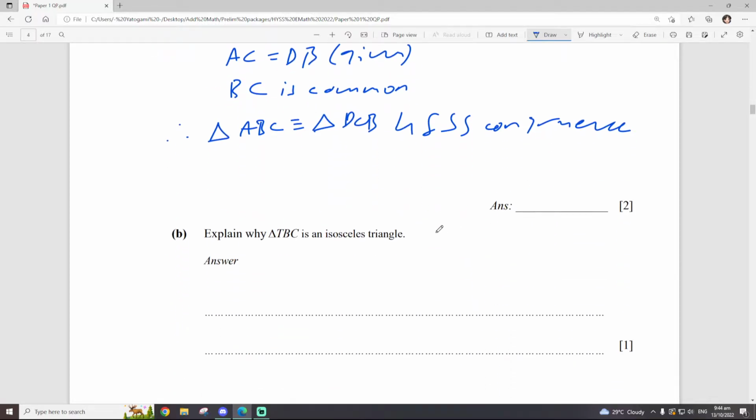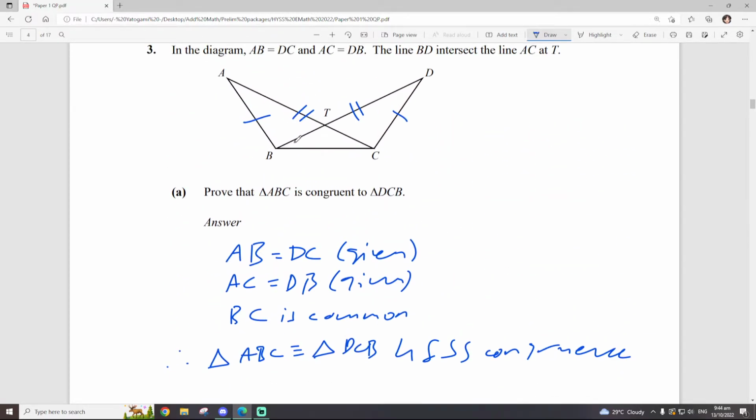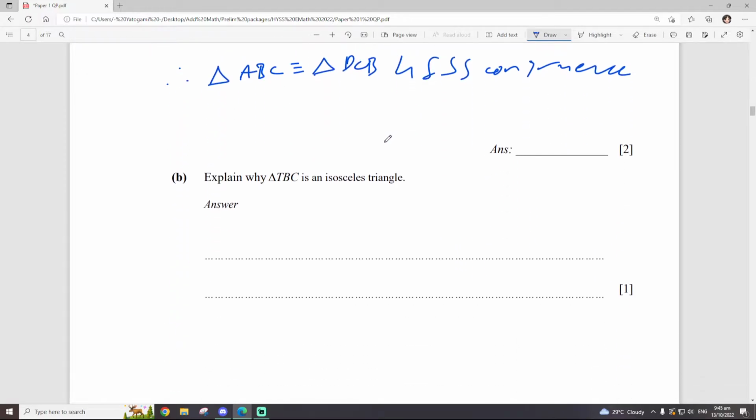Explain why TBC is an isosceles triangle. For this, they are congruent triangles, right? So that means these two angles will be equal. They are base angles of an isosceles triangle. ACB and DBC will be the angles to label.